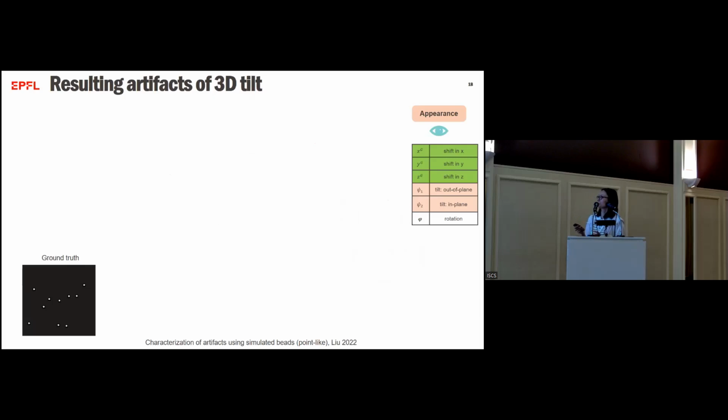To characterize 3D tilt, we simulated some point-like objects, beads, to characterize the system. Our volume is a stack of 512 slices, and we choose 3 representative slices to show you the reconstruction results and compare to observe artifacts.